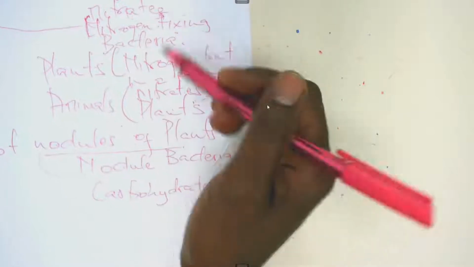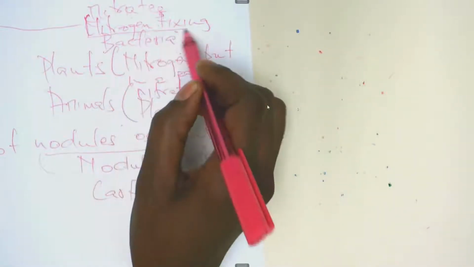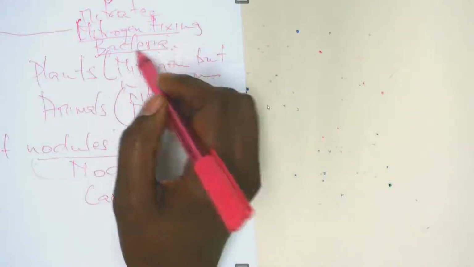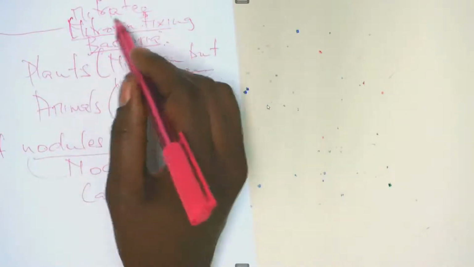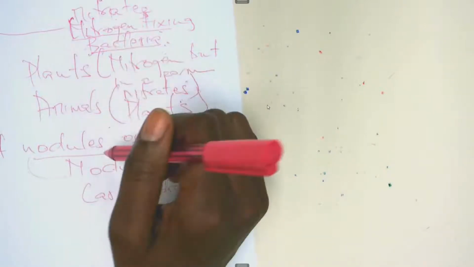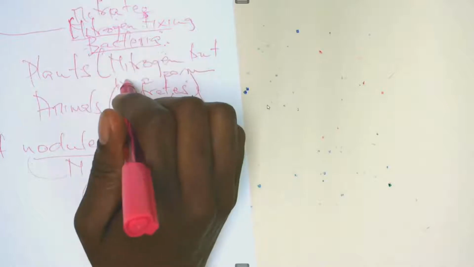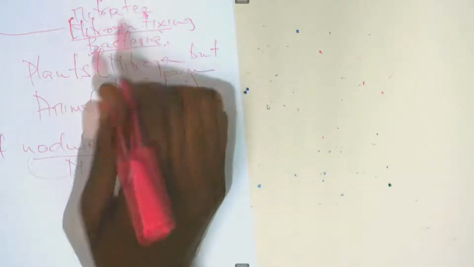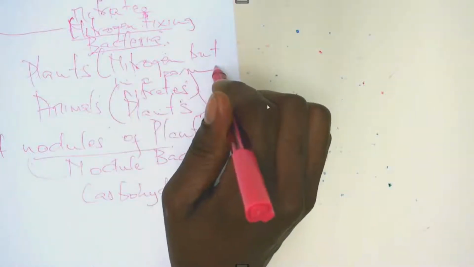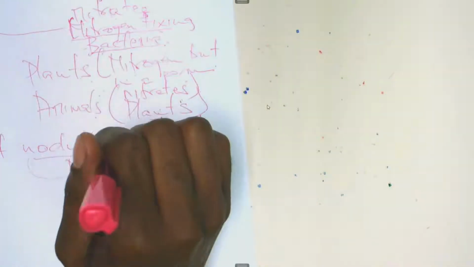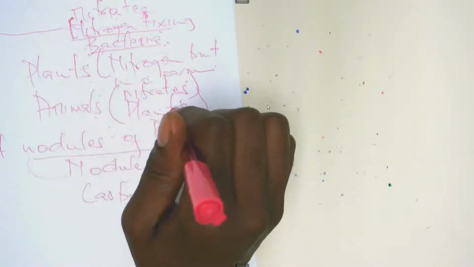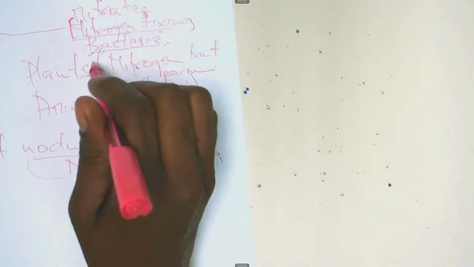So we have this bacteria called nitrogen fixing bacteria, which will fix this nitrogen, or convert it into nitrates. And in this way, plants will be able to absorb nitrogen in the form of nitrates. And after that, animals will also get nitrogen from the plants in the form of nitrates when they eat these plants.